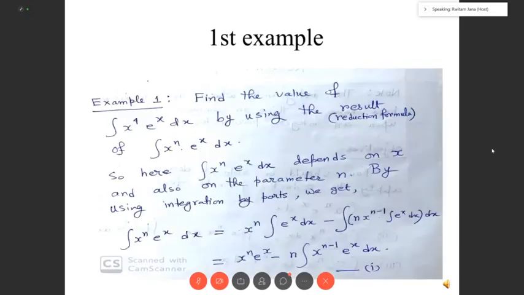Okay, so whether this part is clear to all? Is it clear?